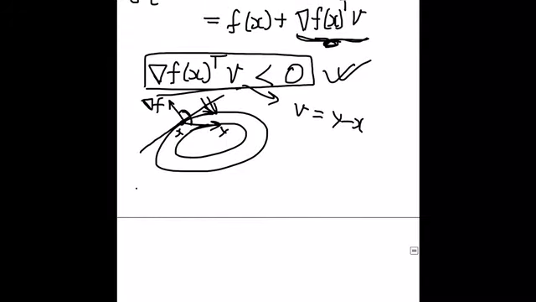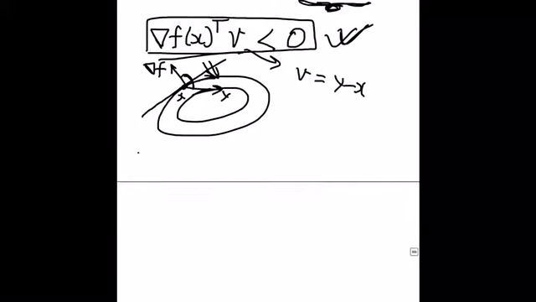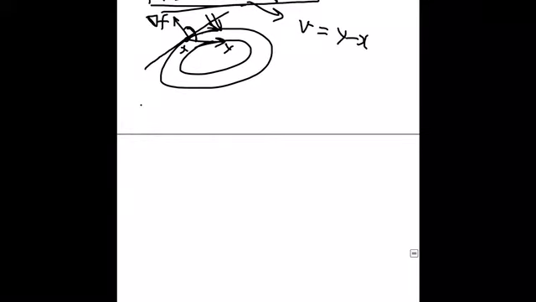So this is a condition for a descent direction. And what is the steepest descent direction? It is the direction along which the rate of decrease of f is maximum.